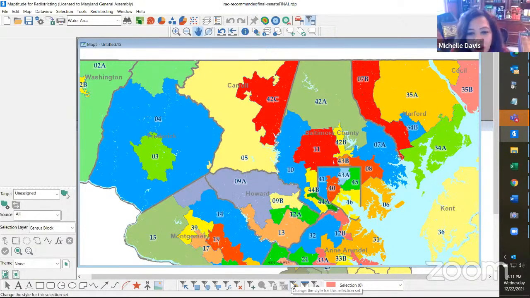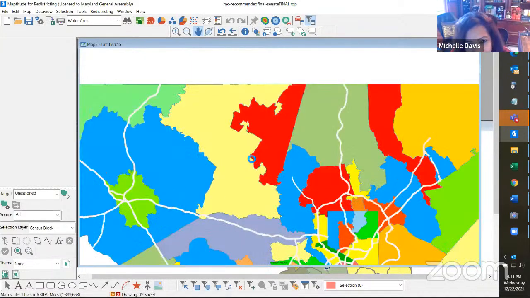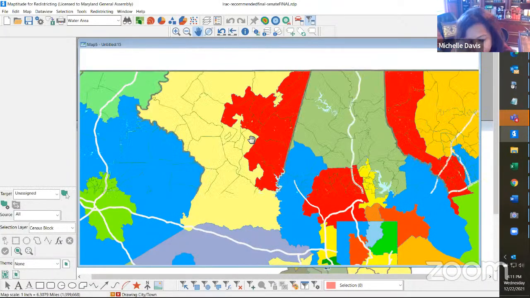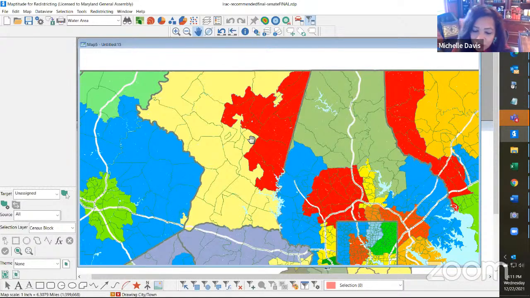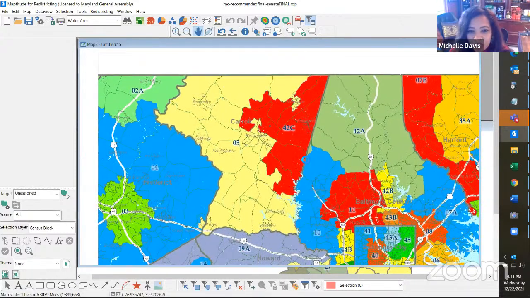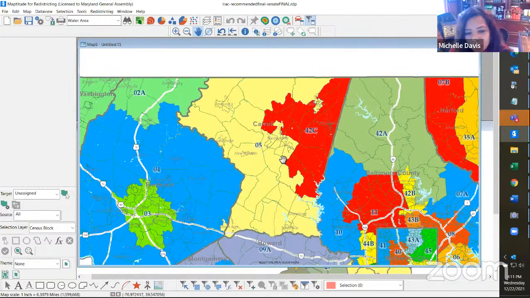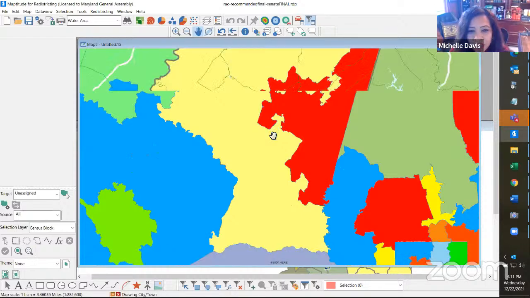Okay, I'm going to go a little bit into Carroll and Baltimore County. I'm going to get a little bit closer to Carroll County so you can see that most of Carroll County was District 5, but as you can see in this map, we've had to make changes due to population shifts. So now there's one district and a sub-district in Carroll County.